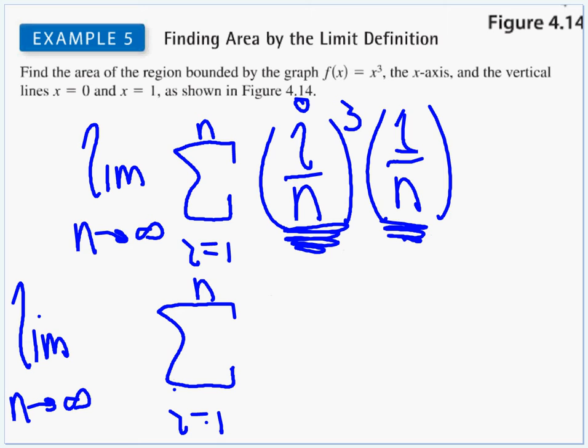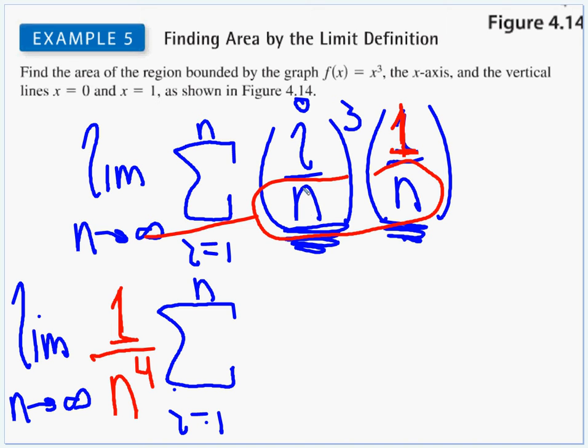So it's going to be dragged out front as an n to the fourth, and it's in the denominator. Now our numerator, this is going to be a 1 here. So what is left after the summation? Well, all the n's have been pulled out, so we're just left with an i to the third. And we got a formula for that.